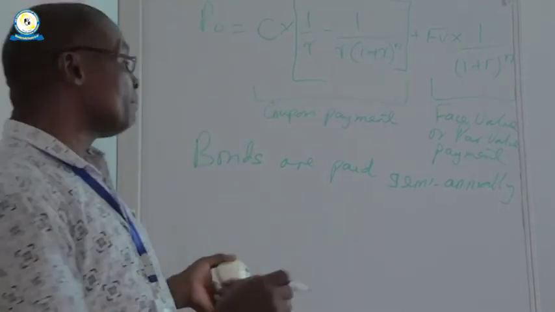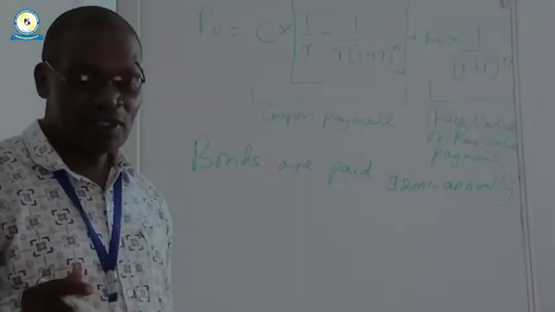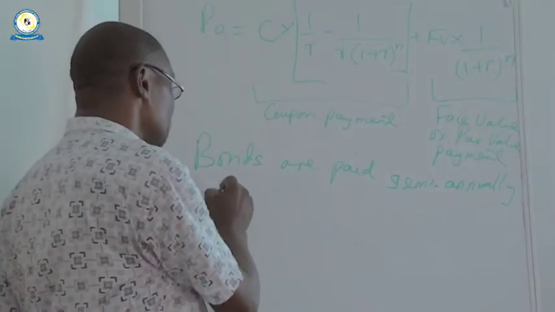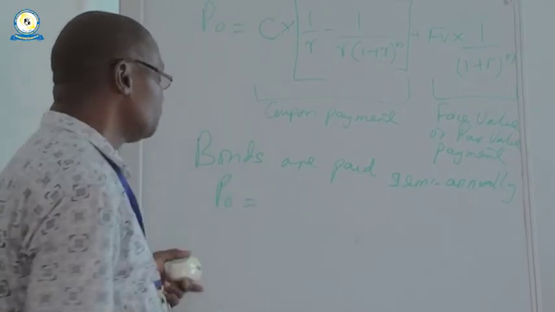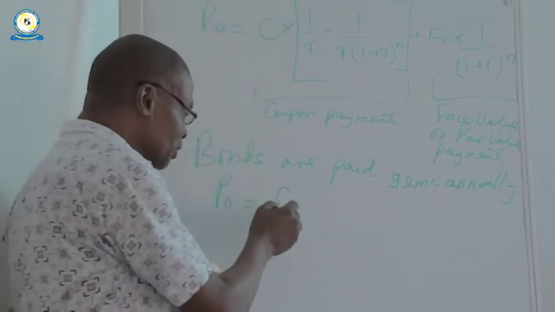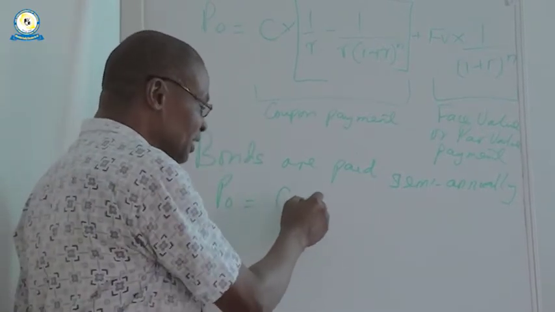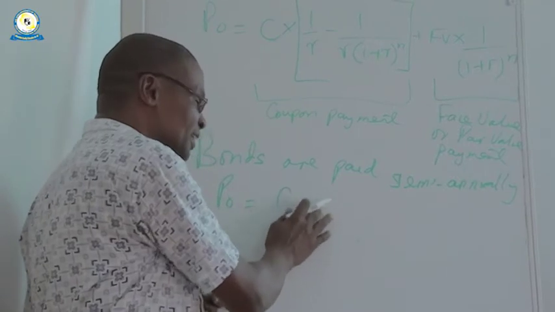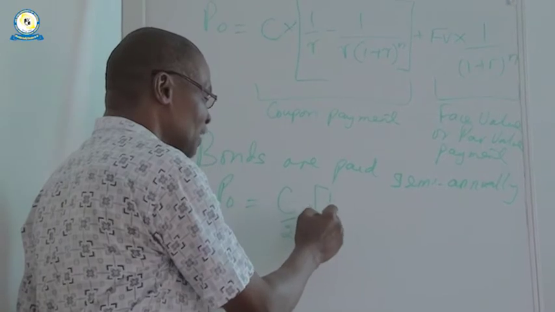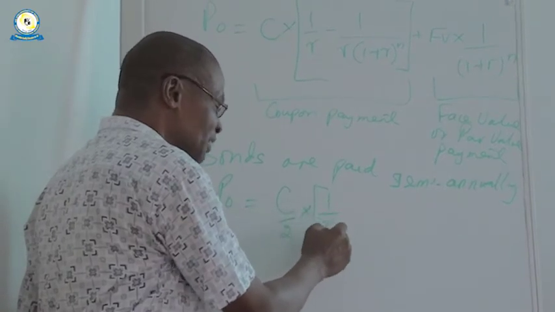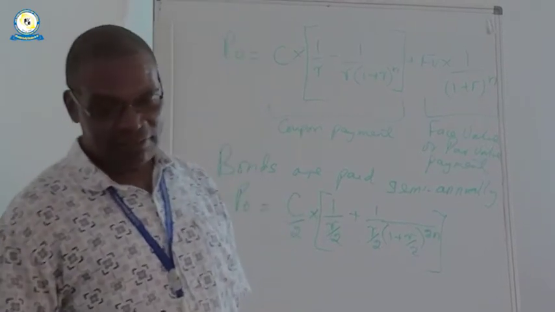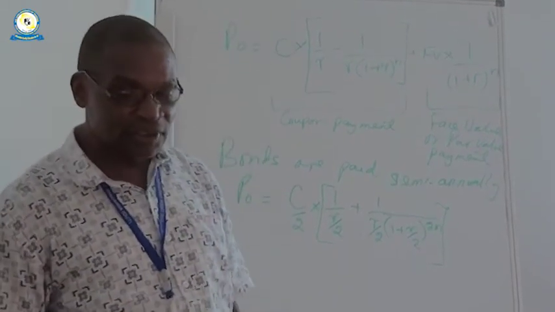Most of the bonds are paid semi-annually. Now, the formula for semi-annual manipulation, you say the price of the bond is equal to the coupon divided by 2, because the coupons are paid twice a year, times the 1 over R. I was saying, the price of the bond is the present value of cash flows generated by the bond.